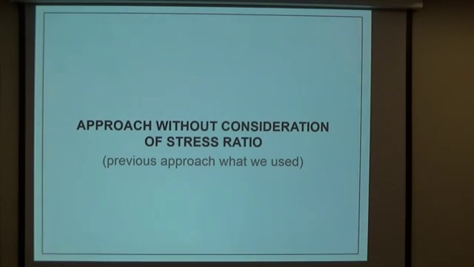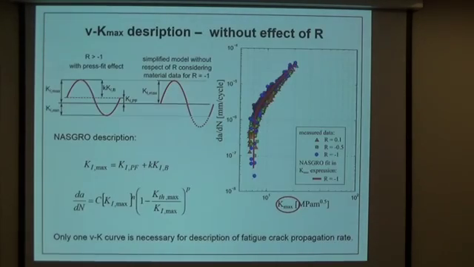Second approach is when we do not take into account the effect of the stress ratios, and we work just with the maximal stress intensity factor. In this approach, we can calculate with just 1 decay curve, which was determined for the stress ratio -1.